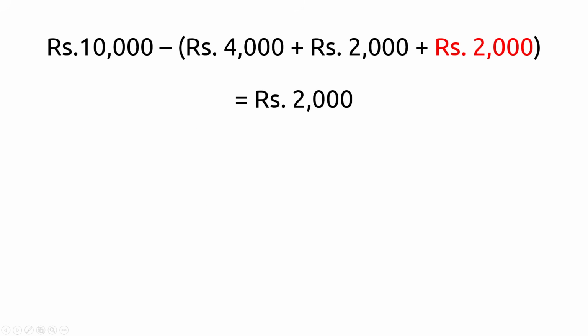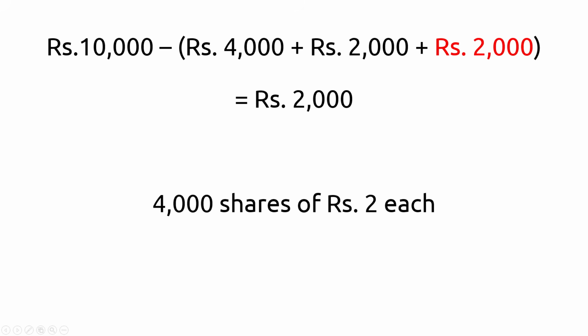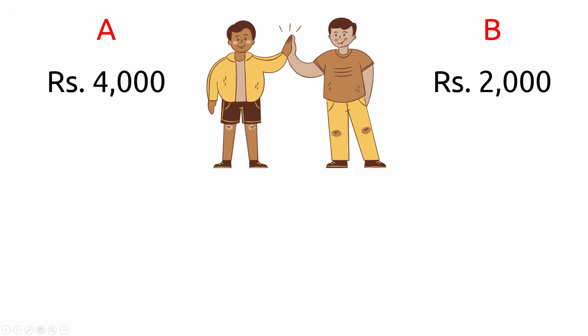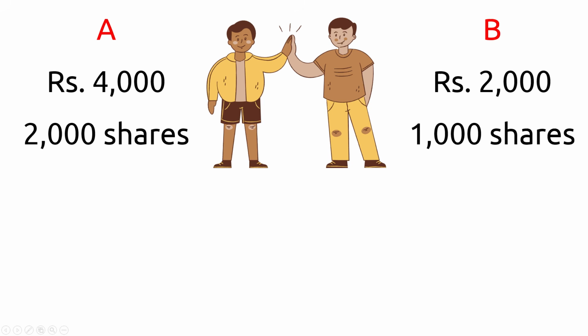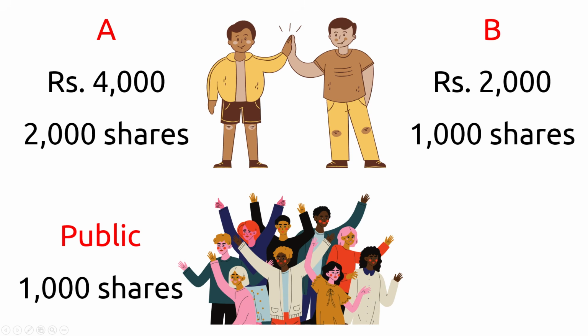And so they split the company into 4,000 shares of 2 rupees each. Person A and person B keep 2,000 and 1,000 shares for themselves respectively, and the remaining 1,000 shares are offered to the public through an IPO.